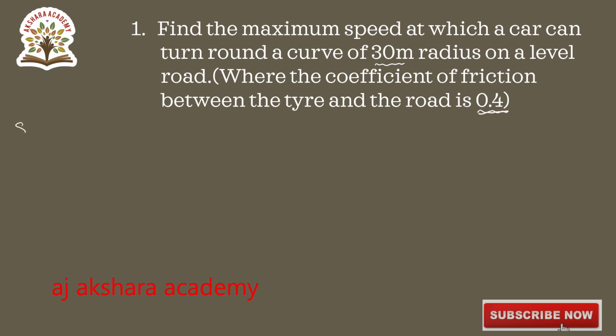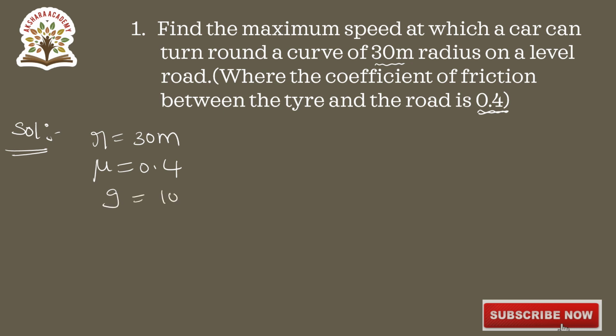Now let us go to the solution. Here they given a curve of radius 30 meters, so R is equal to 30 meters, and the coefficient of friction between the tire and the road is 0.4, that is mu is equal to 0.4, and g is equal to 10 meters per second square.